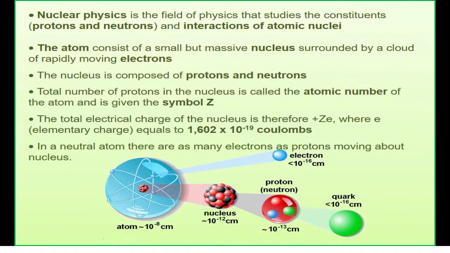The total number of protons in the nucleus is called the atomic number of the atom and is given by the symbol Z. The total electrical charge of the nucleus is therefore the atomic number times the elementary charge magnitude. In a neutral atom, there are as many electrons as protons moving about the nucleus.